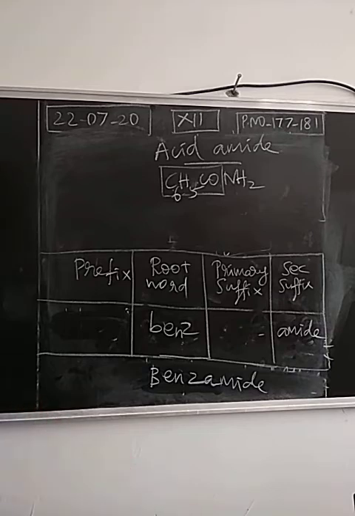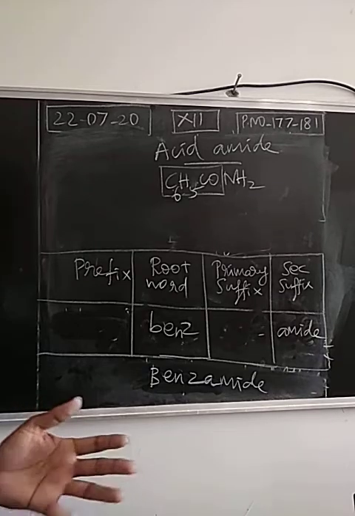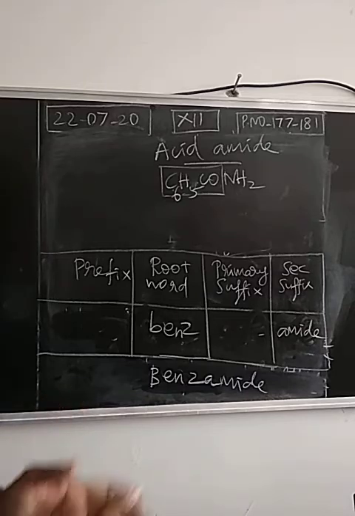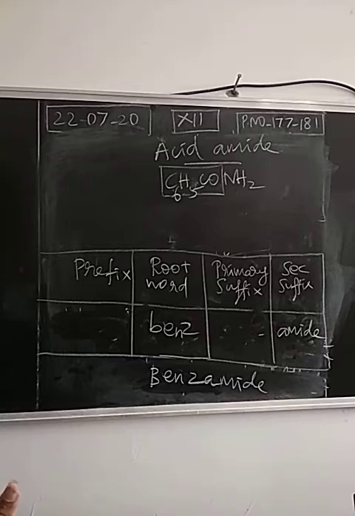We have 4 derivatives: acid amide, acid anhydride, ester, acid halide. If OH is replaced by these functional groups, we get the derivatives of carboxylic acids.